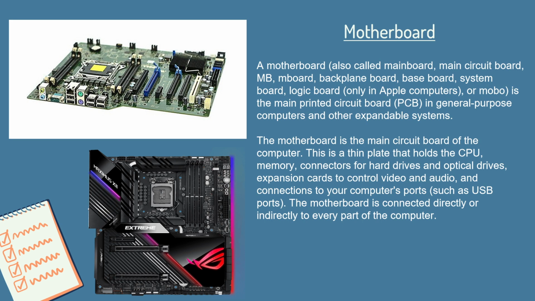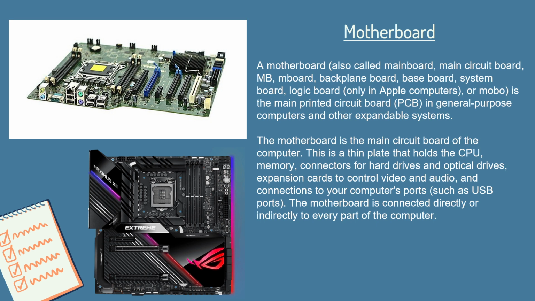The first is motherboard. A motherboard, also called mainboard, main circuit board, MB, M-board, backplane board, baseboard, system board, logic board, only in Apple computers or mobile, is the main printed circuit board, PCB, in general purpose computer and other expandable system. The motherboard is the main circuit board of the computer.